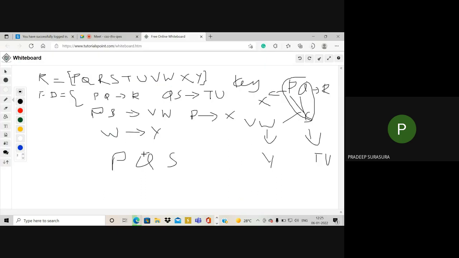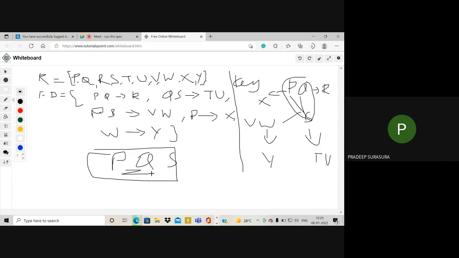Okay, the key is PQS according to the given problem. Now, since there are no multi-valued attributes, we say that R is in 1NF. So please put commas after each. According to the first normal form definition, I observe that there are no multi-values, or all the values in R are atomic. So R is in 1NF.